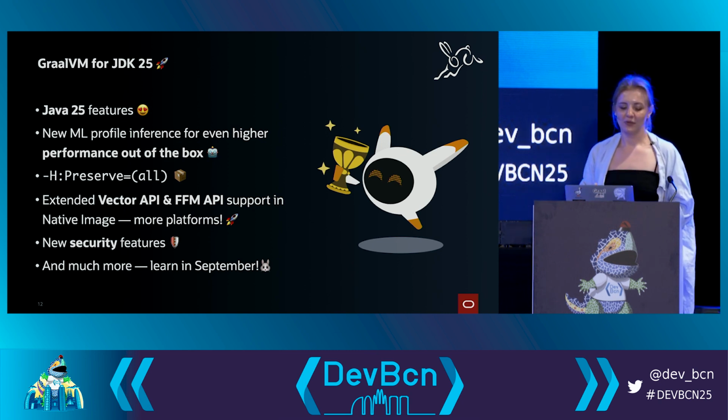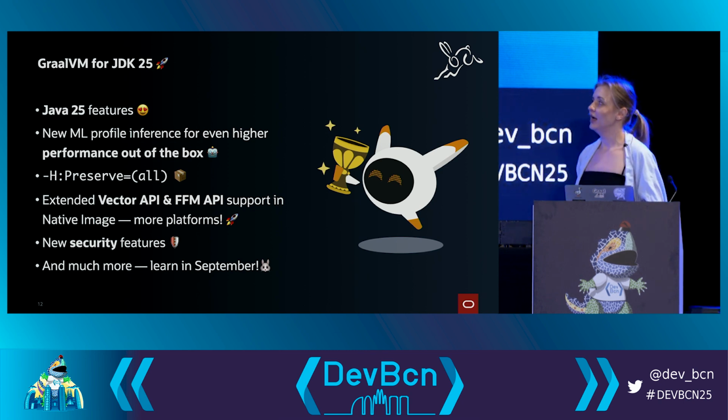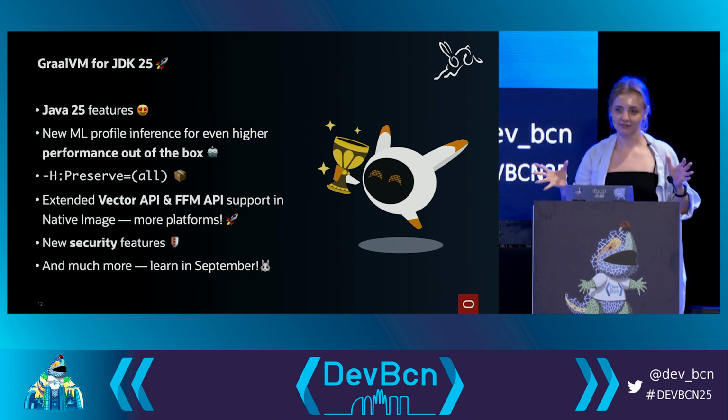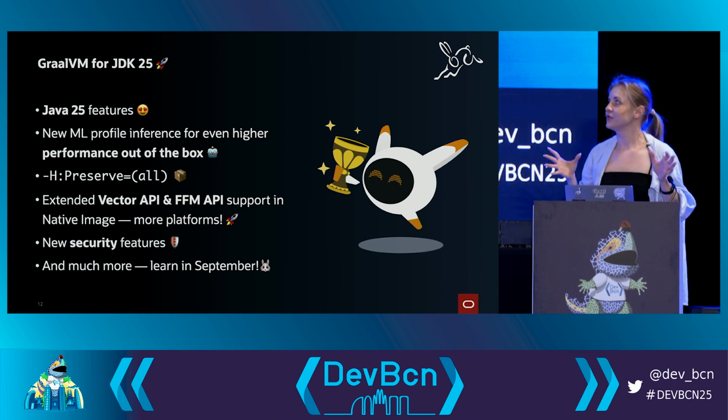So the way we want to approach this is we want to give you a flag, which is -H:Preserve, and then you can specify either on the project level, or package level, or module level, what you want to preserve completely in your application. Sometimes we get those requests from users that are very unexpected when they tell us, can I compile my complete app? I don't want to strip away anything at all. I just want to compile everything there is.